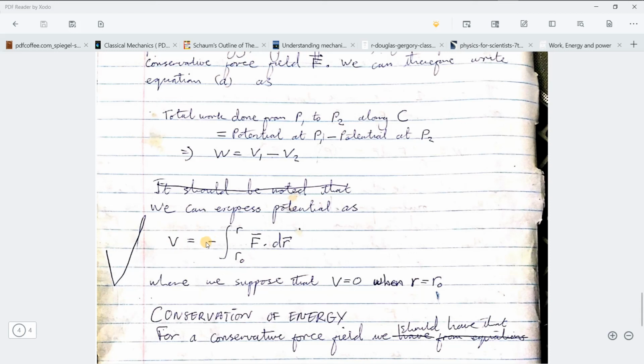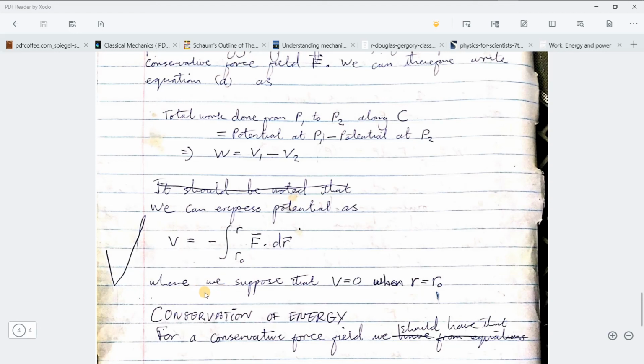It is equal to the negative integral of F dot dr from R0 to R final. Sorry, that is potential, not work done. That's how you find the potential using this formula.